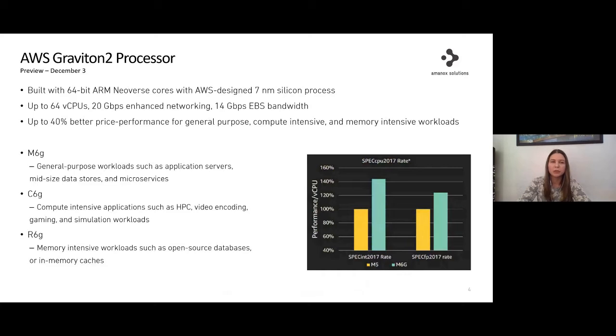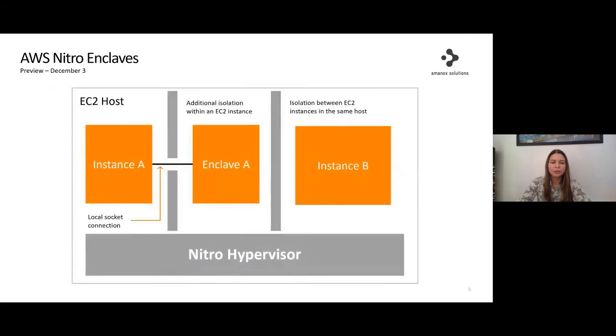So now that we saw the performance of the Nitro system, let's see the security aspect. On the security aspect, we're going to talk a little about the Nitro hypervisor.